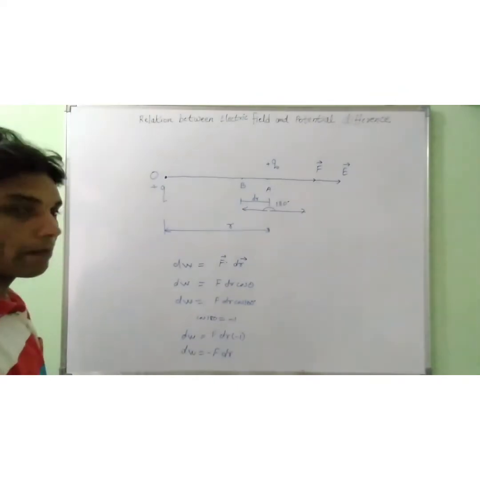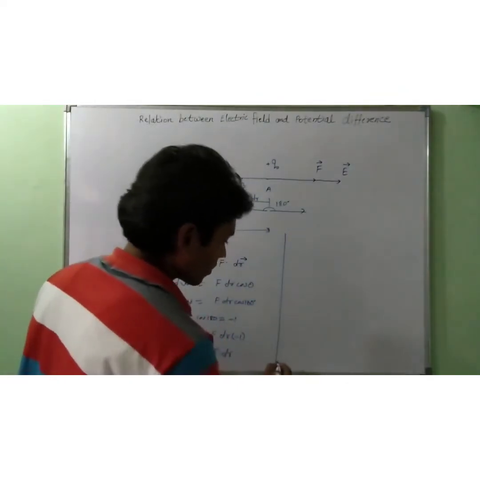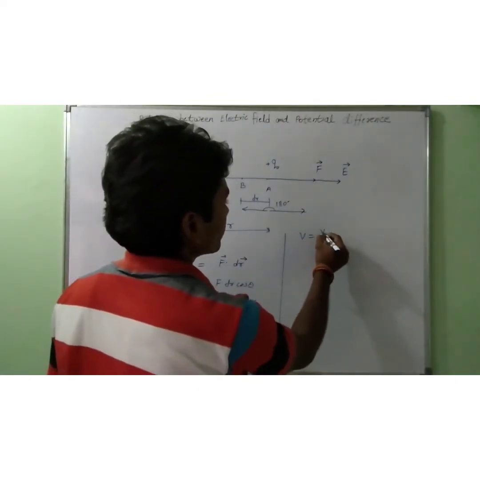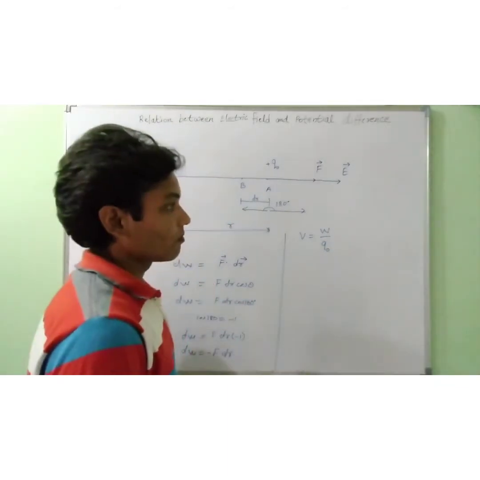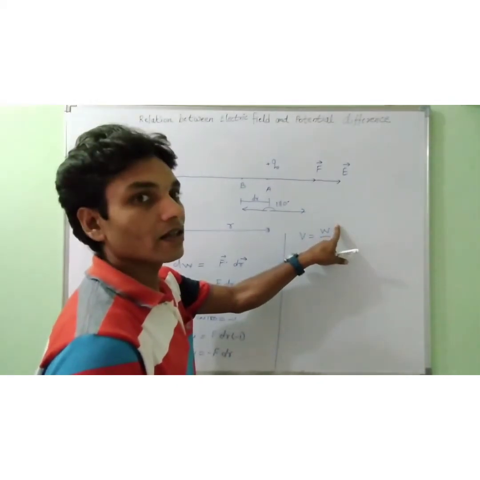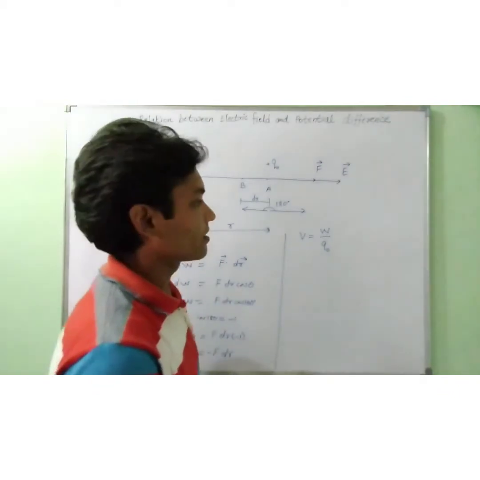But by the equation of potential, V is equal to W upon Q naught. Potential is defined as the work done in unit positive test charge.